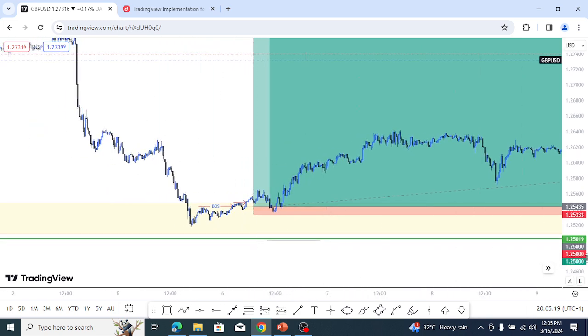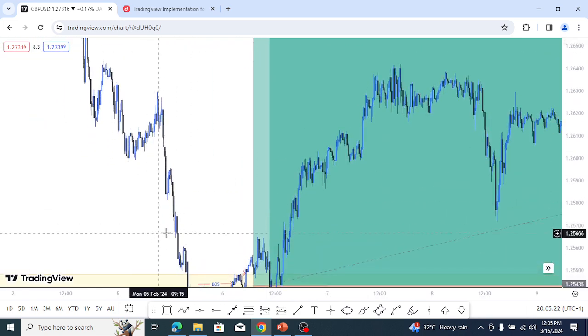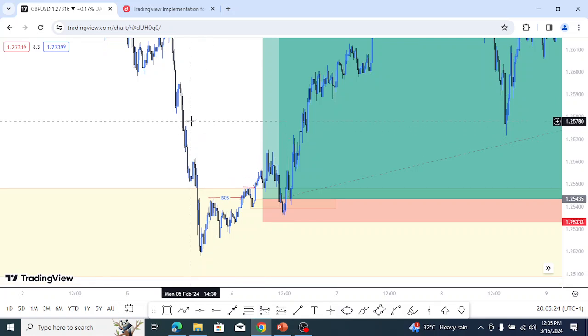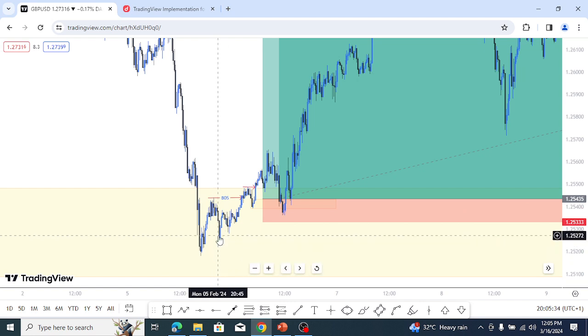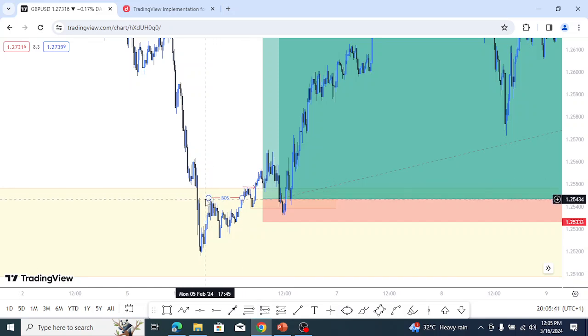Looking at the charts now, the market was coming down. On the lower time frame it was a downtrend, and the market created this high, retraced back and tapped into this particular order block here and went up.